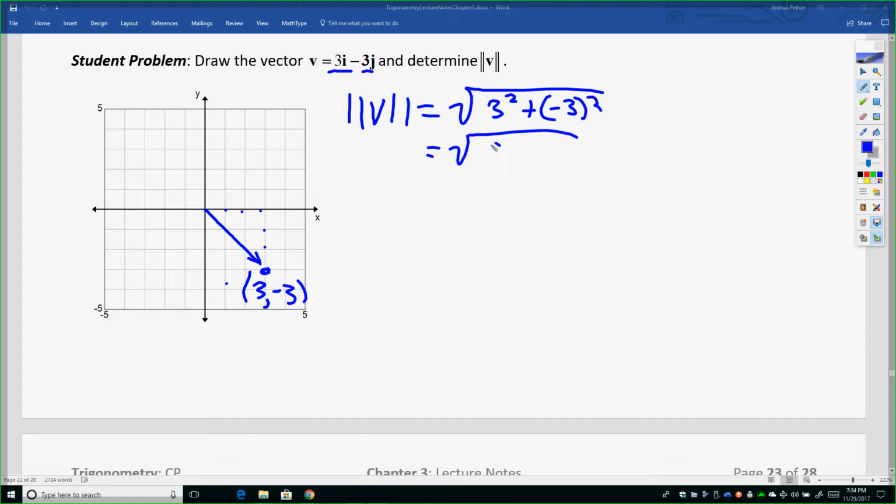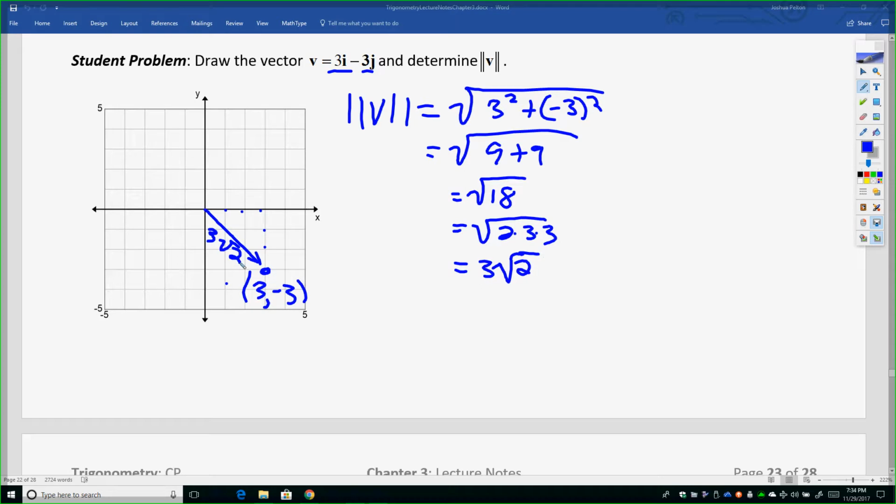So that's 9 plus 9, which is root 18, which is 2 times 3 times 3. So that's 3 root 2.